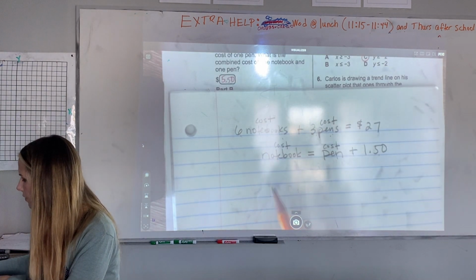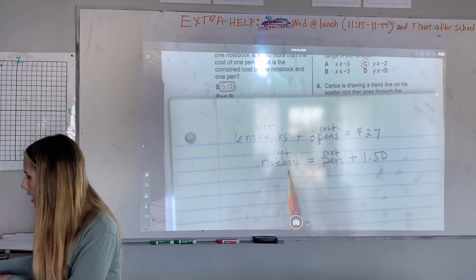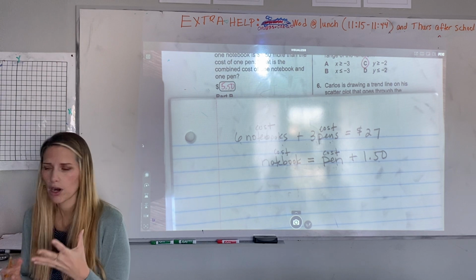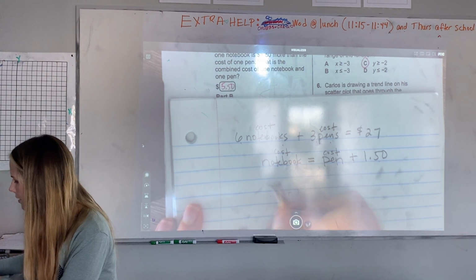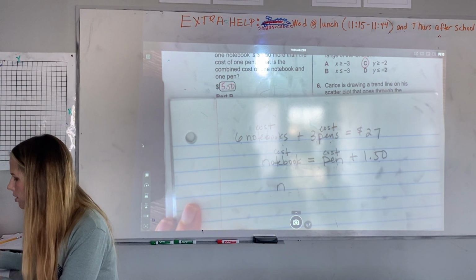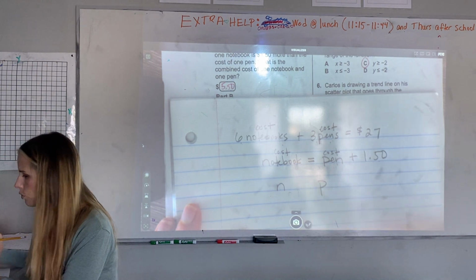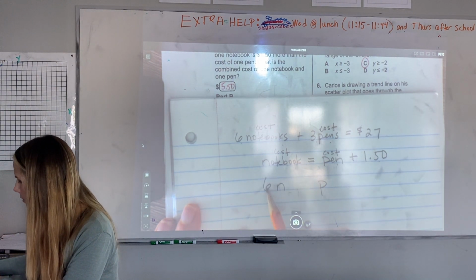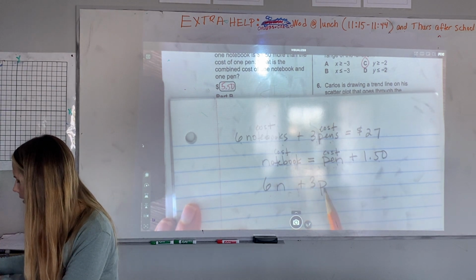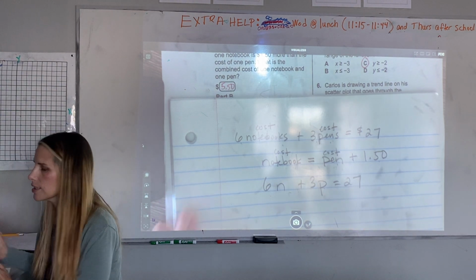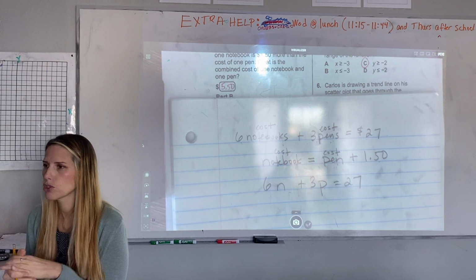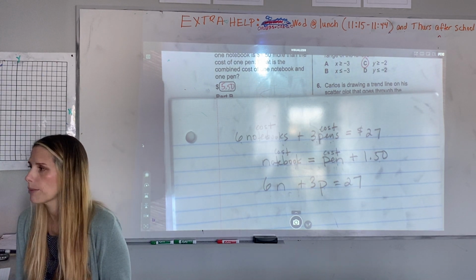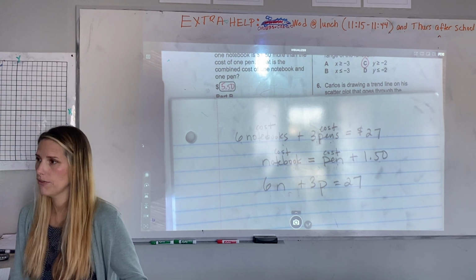I'm gonna simplify this by realizing that the cost of the notebook and the cost of the pen are our variables. So we'll say that N represents the cost of a notebook, P represents the cost of the pen. Our first equation would be 6N plus 3P equals $27. Sometimes our variables represent the cost of the product, and sometimes the number of items.